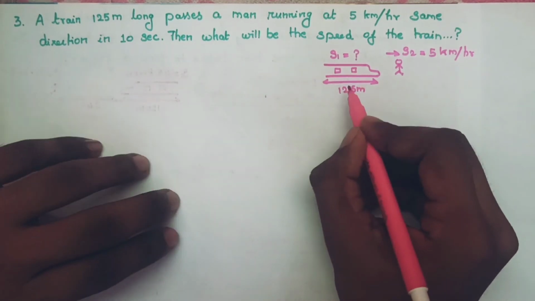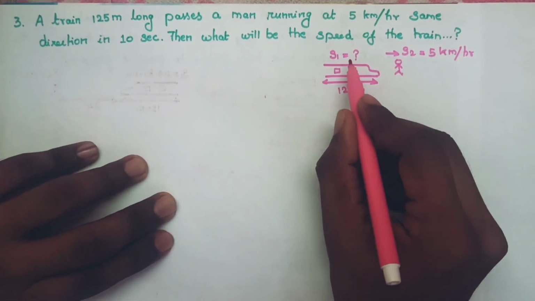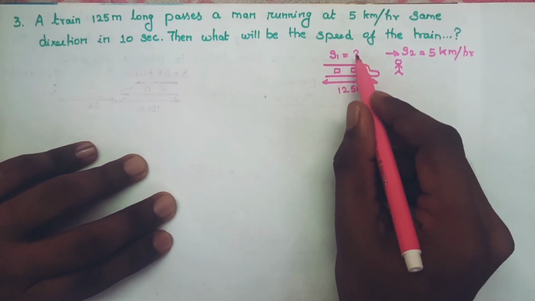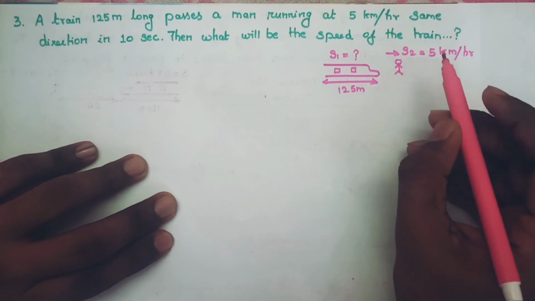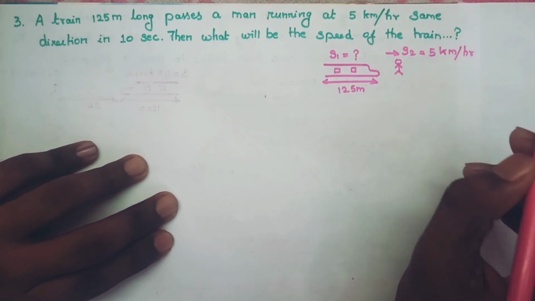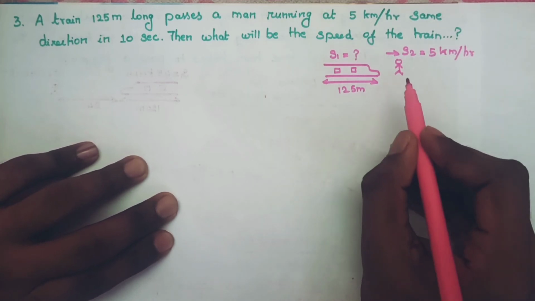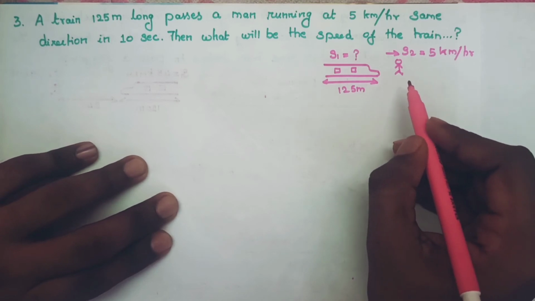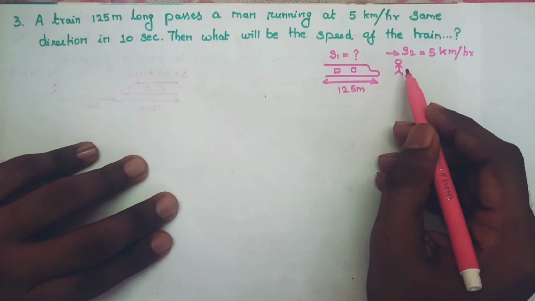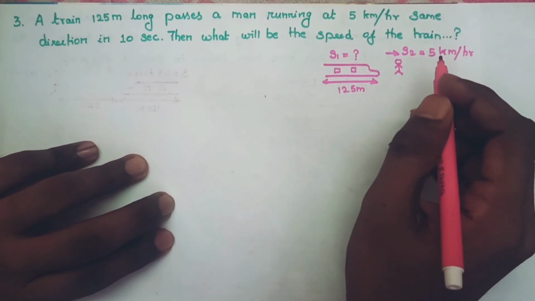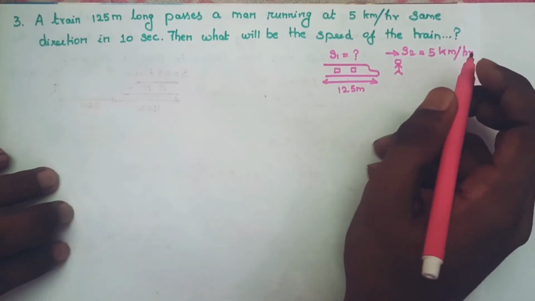Here the train is 125 meter long, running at some speed; we have to find the speed of the train here, and here the man is running at the speed of 5 km per hour. And just keep in mind, in this question they have not given any value in between the front position of the train and this running man, so we will just take it as 0, right?